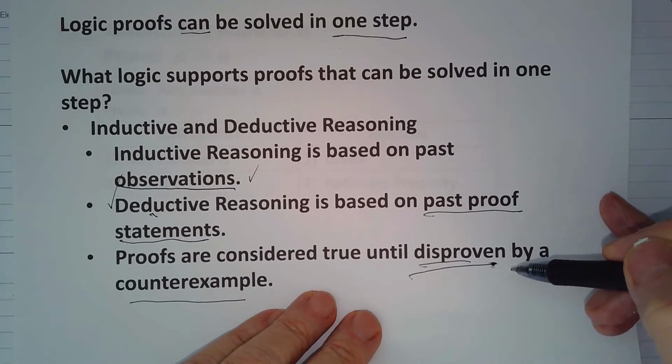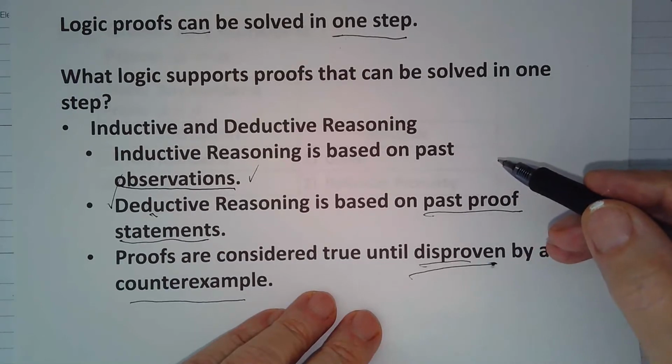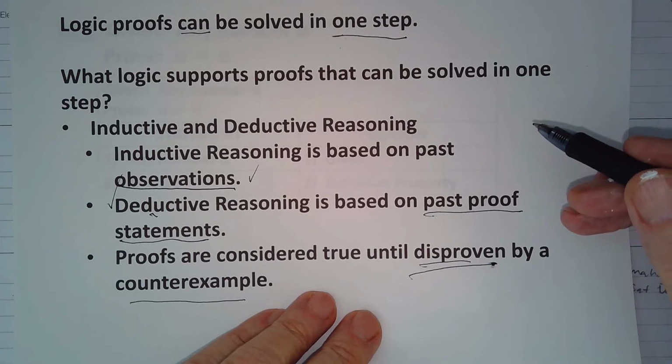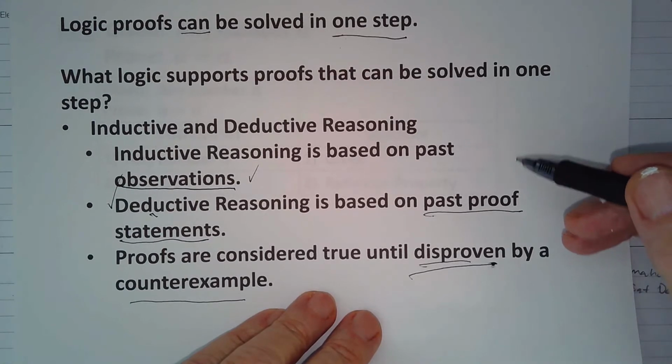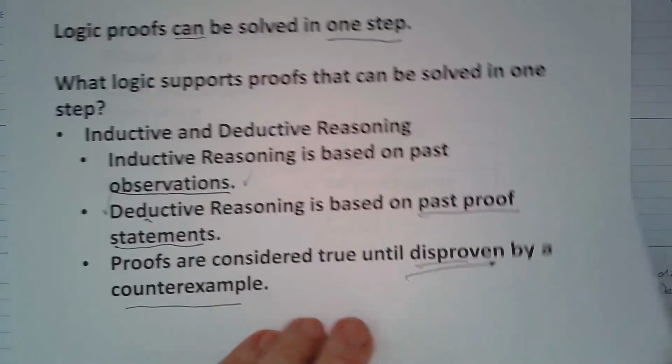We're going to use a two-column proof today, but just in one step, whereas the algebraic proofs we did yesterday had more steps. Not a lot of steps, but you just need enough steps to prove your case. Sometimes it can be one step.